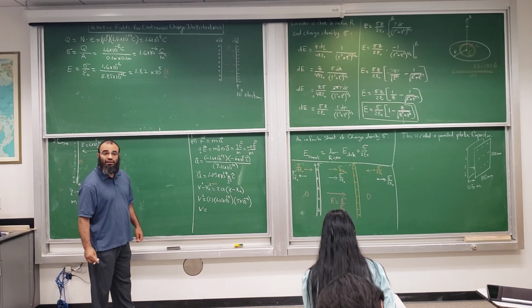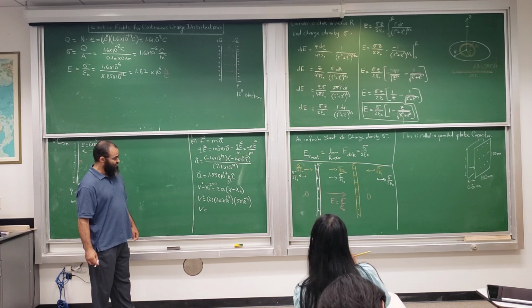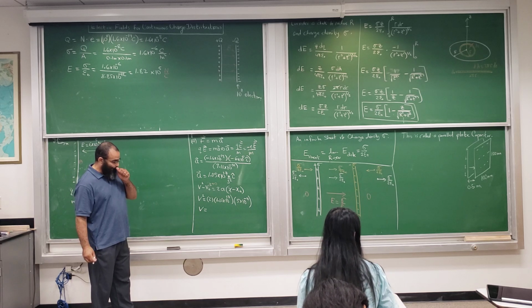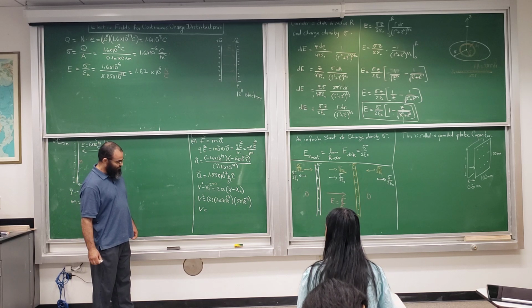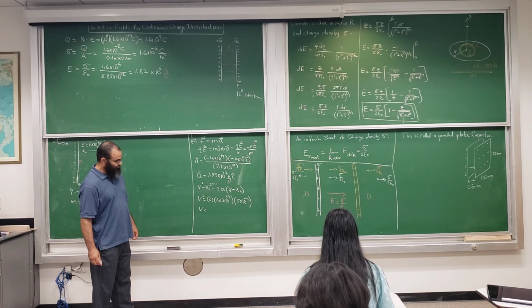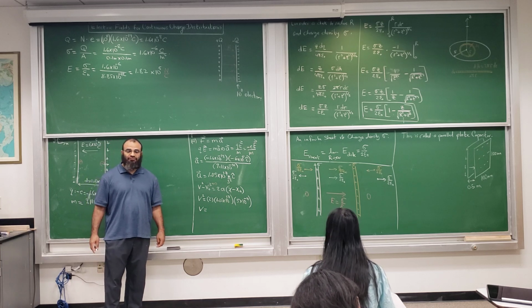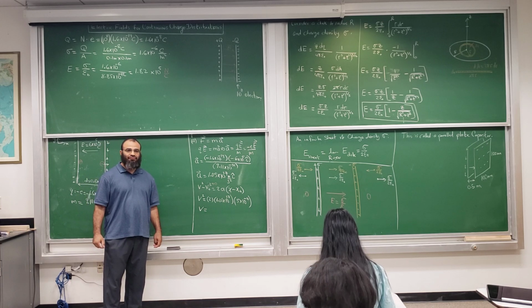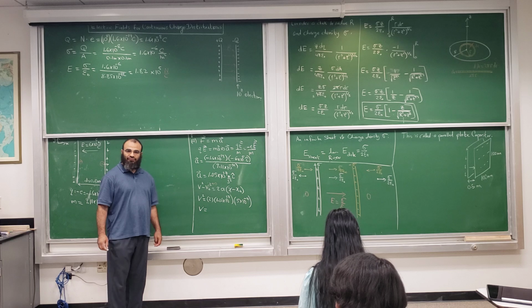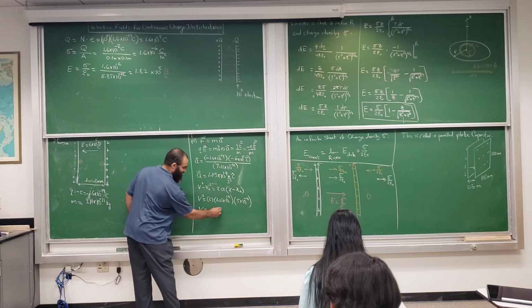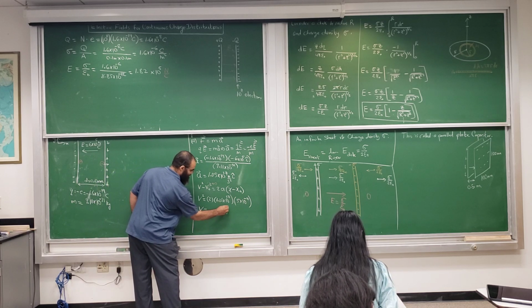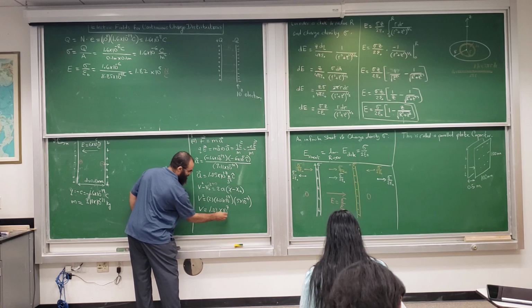100.49. Always 1.03 times 10 to the 7. Square root.